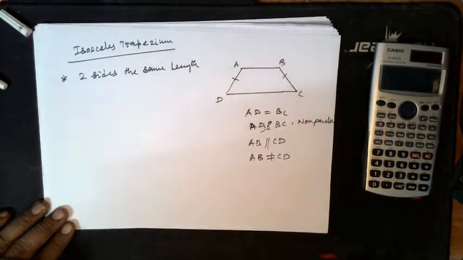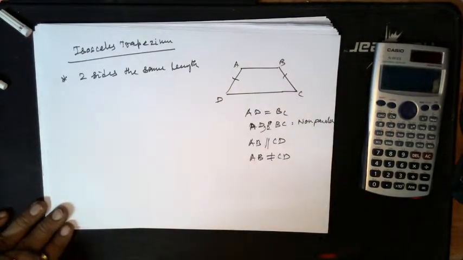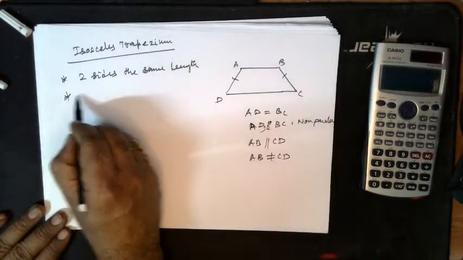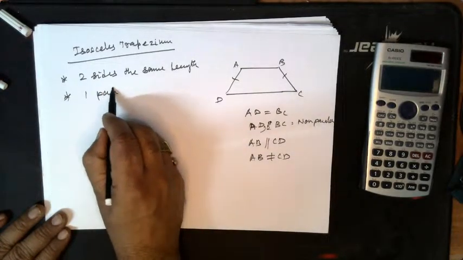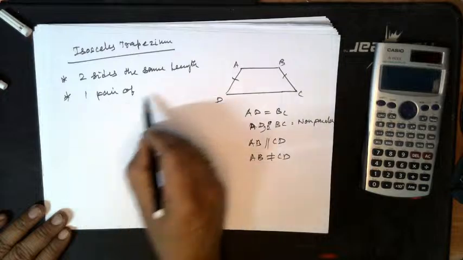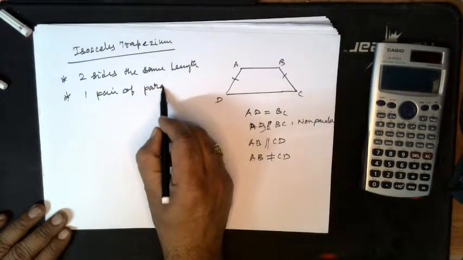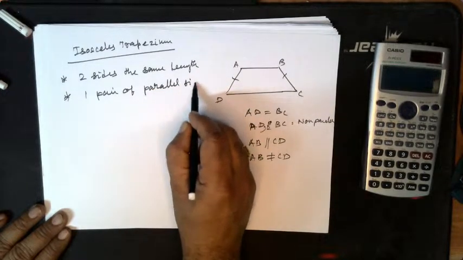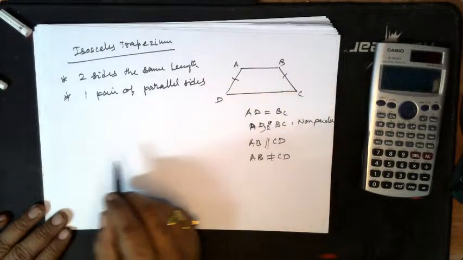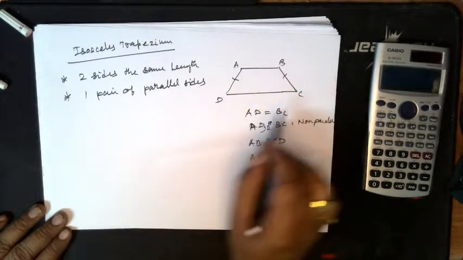Do you understand this? So it means it has one pair of parallel sides. And which are those? That is AB and CD. They are parallel.